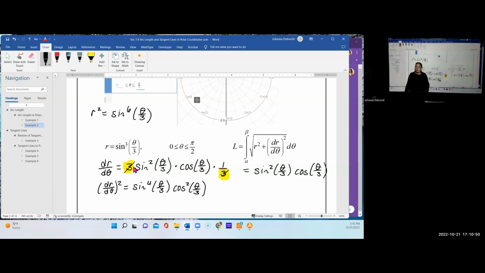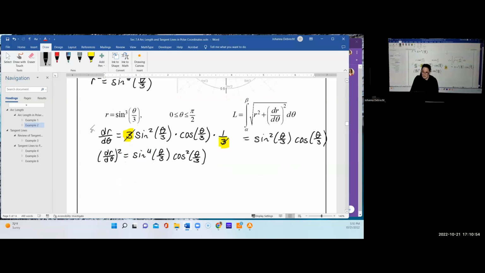All right, now we're ready to go ahead and substitute it into our formula. So we're going to take a look at our formula.